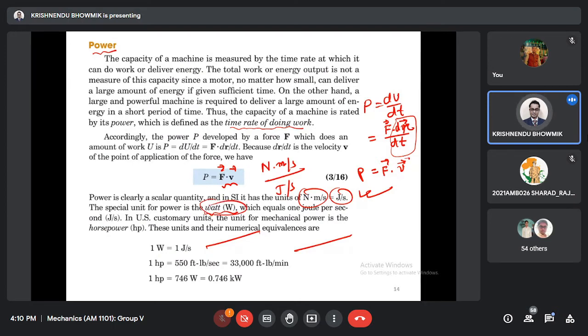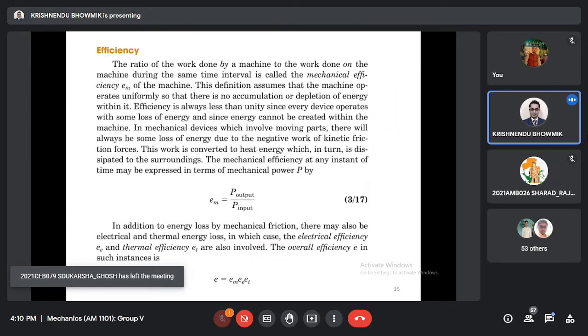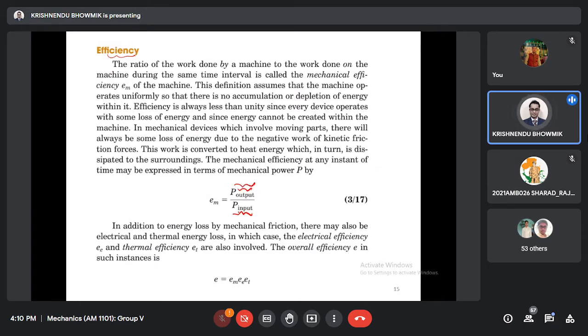The capacity of any machine is measured by the time rate at which it can do work, or deliver energy from one side to the other. When we consider efficiency, it is power output divided by power input, and it is supposed to be less than 1. Input is supposed to be higher than the output.